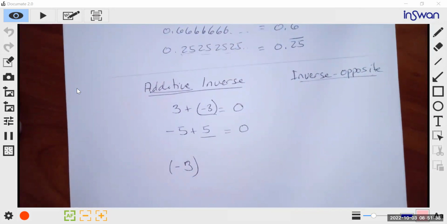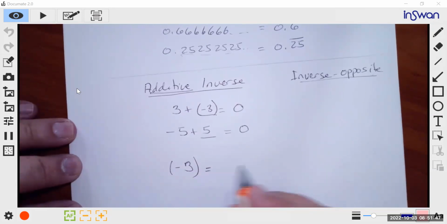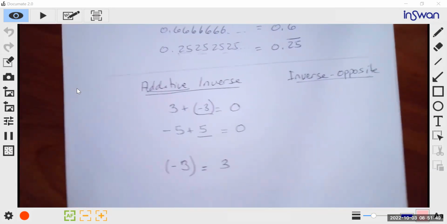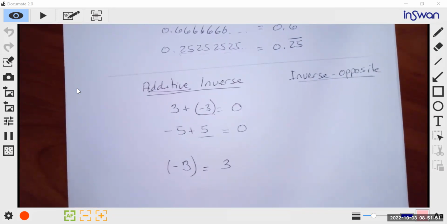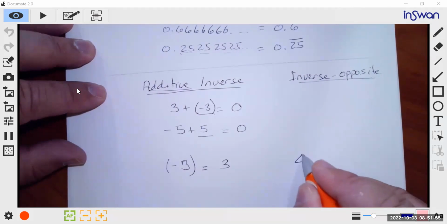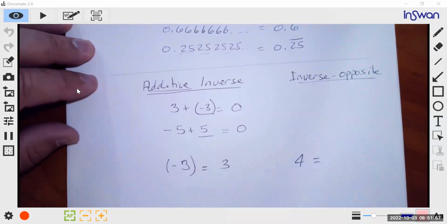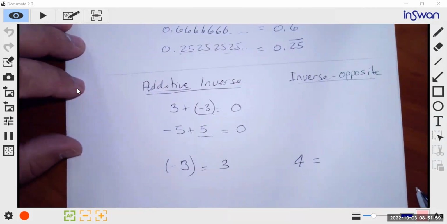What's the additive inverse of -3? How does it become 3? Why does it become 3? Let's see. What's the additive inverse of 4? -4.